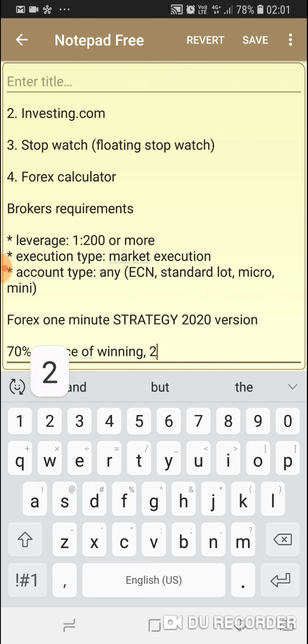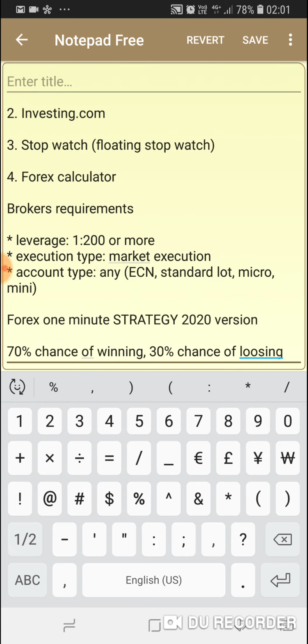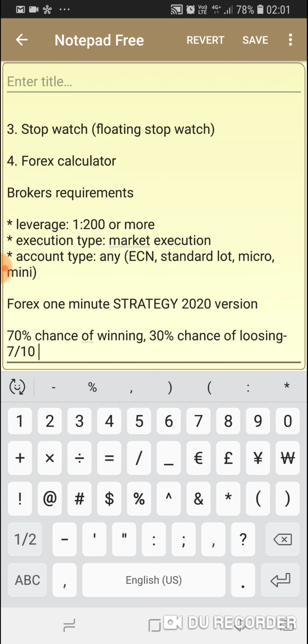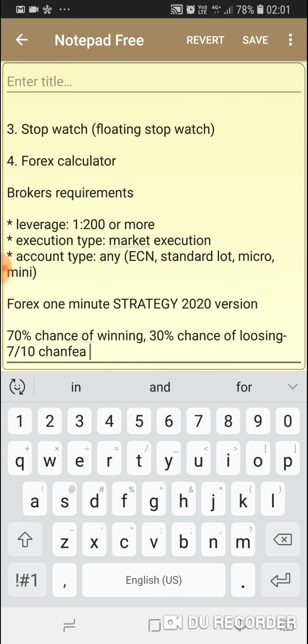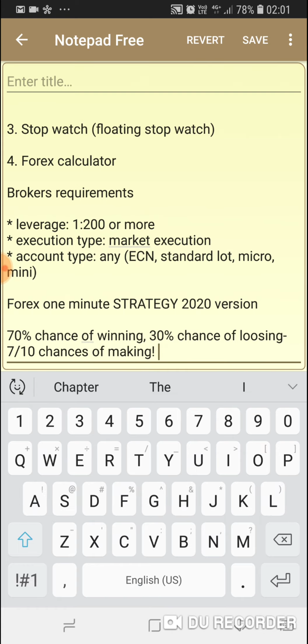You've got about 30% chance of losing. Meaning that you've got 7 out of 10 chances of making it. Now, you need to understand the risks involved throughout trading.